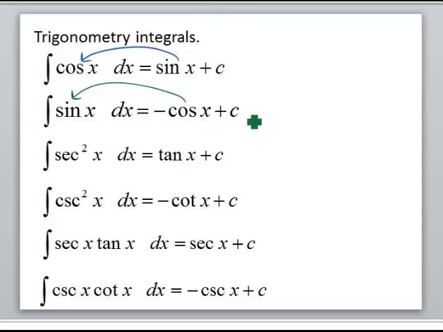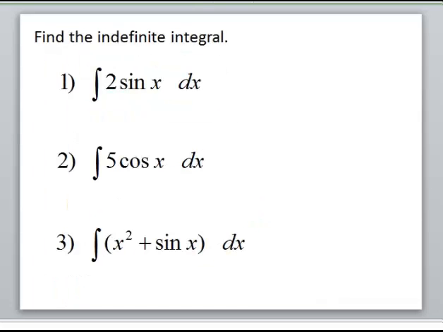One of the things I remember when I'm thinking about my trig integrals is that anytime I get a cosine, cotangent, cosecant answer, there's a negative out front. If I'm just getting sine, tangent, secant, so it's not one of the cosines, cotangents, cosecants, I know that it's a positive answer. That will help you when you're taking the integrals.